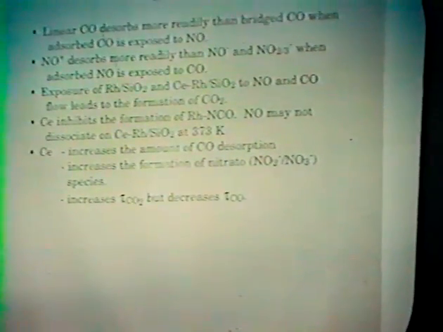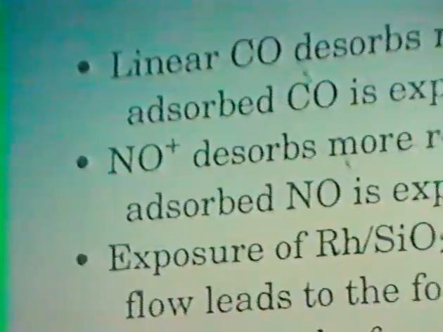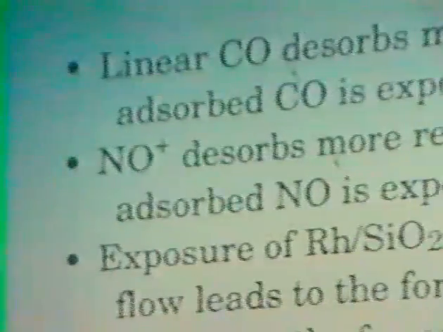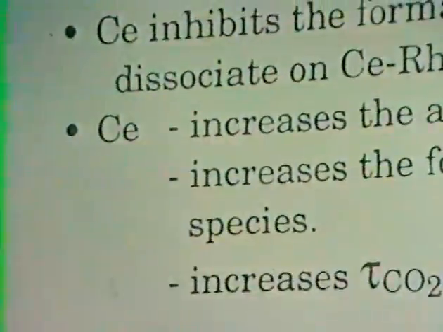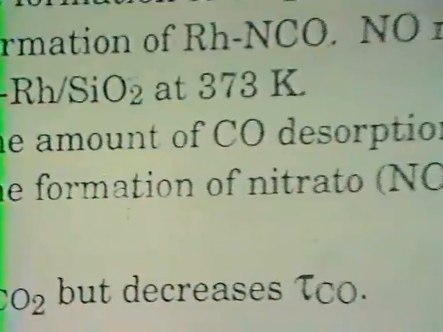So let me quickly summarize our observations here. The linear CO desorbs more readily than the bridge CO when adsorbed CO is exposed to NO. We also have conducted the interaction between the adsorbed NO and the gas phase CO species. What we found is NO plus is more readily removed than NO minus and other nitrite and nitrate species.